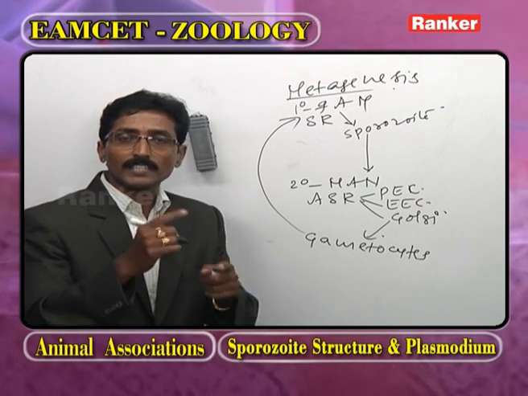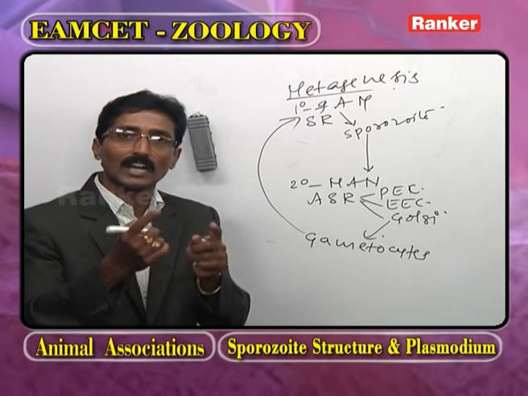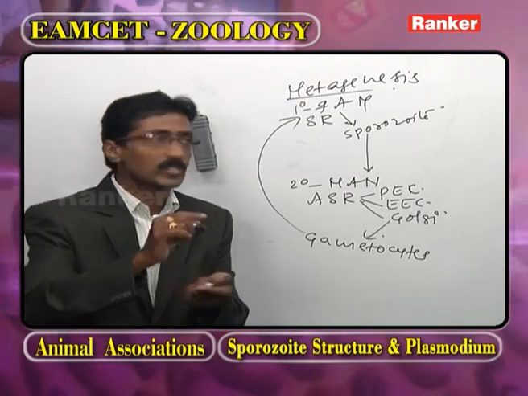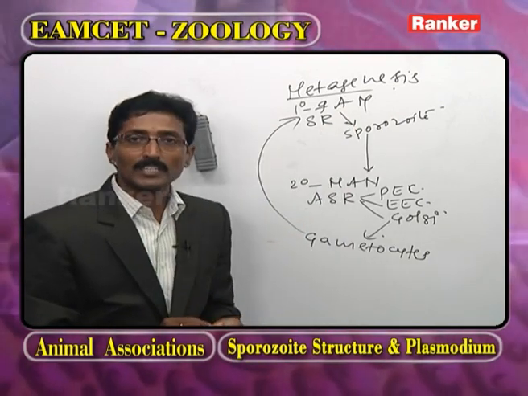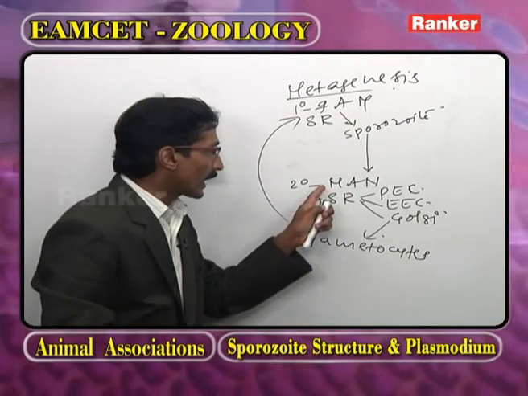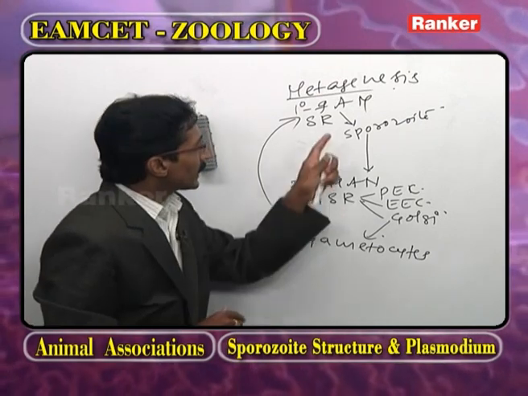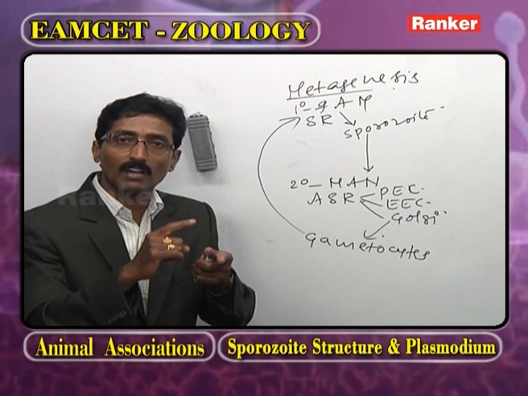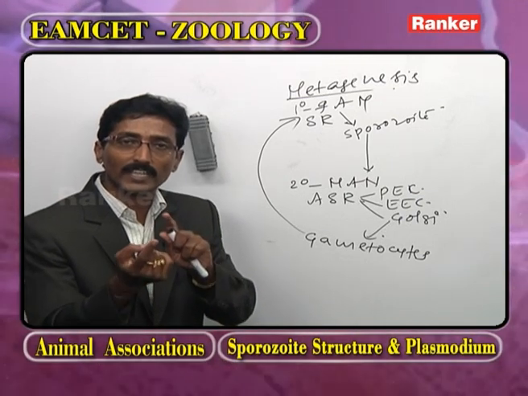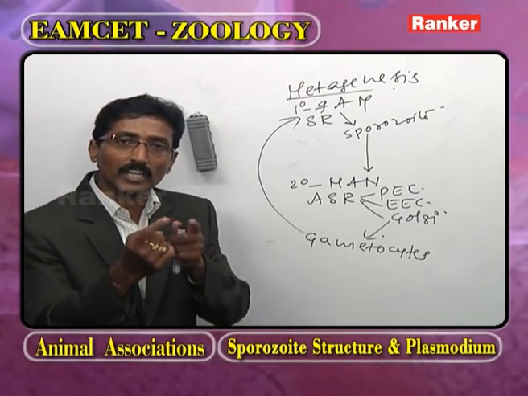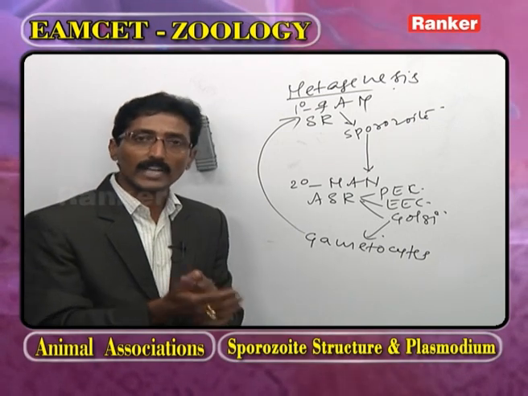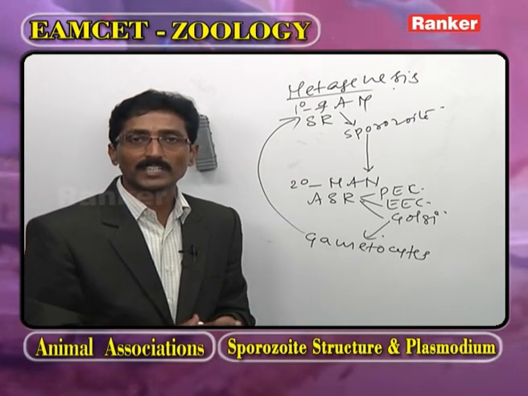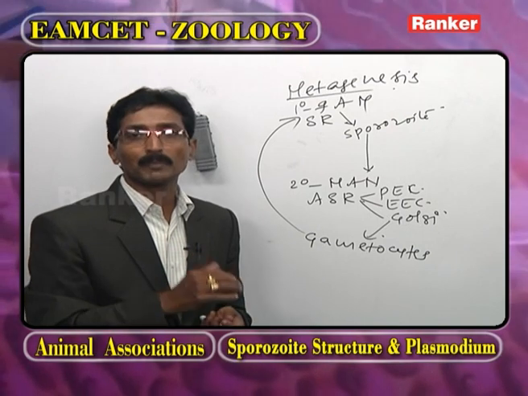That means asexual and sexual cycles alternate with different hosts, because the female Anopheles mosquito is an invertebrate and man is a vertebrate. Here sexual, here asexual: alternation of asexual and sexual cycles with alternation of hosts. So Plasmodium is the best example for a digenetic parasite.